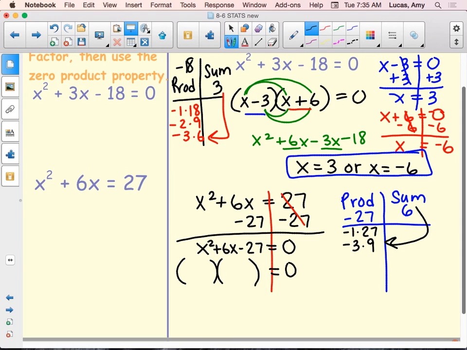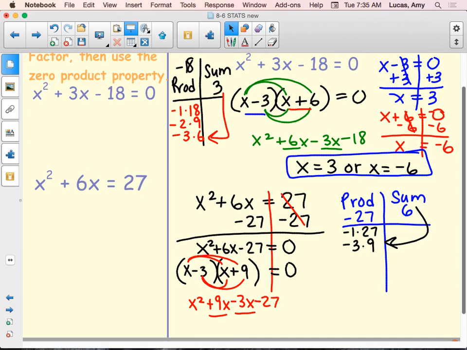So x minus 3 and x plus 9. If I FOIL that, x squared plus 9x minus 3x minus 27. Combining these two like terms in the middle gives me positive 6x.